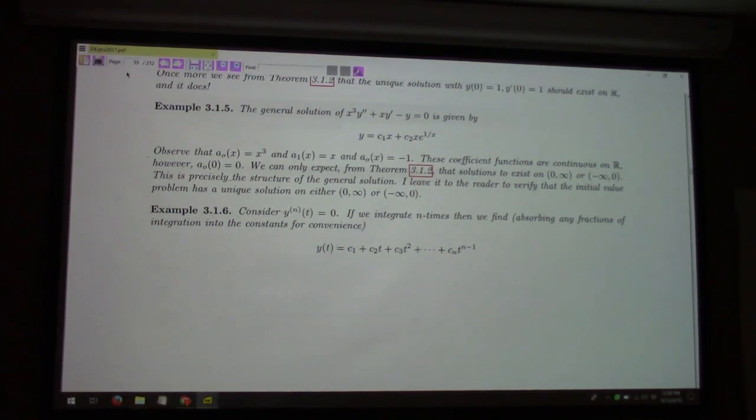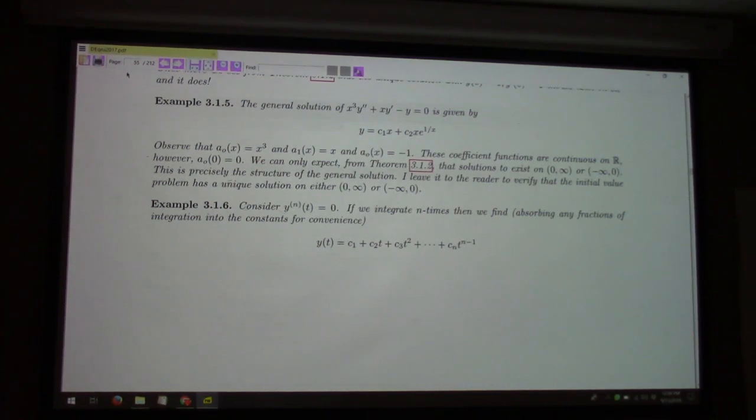Just keep integrating again and again. If you integrate n-fold times, you'll get a solution that looks like this. I mean, technically, if you directly integrate, you'll also have fractions. Like this would come with a half, and the next one would come with a half times a third. But anyway, that's the solution to the nth order problem. You can solve it just by straight integration n-fold times.